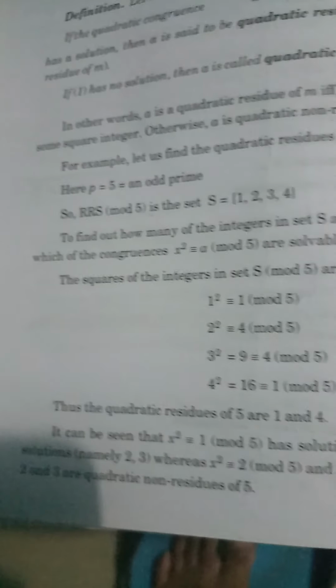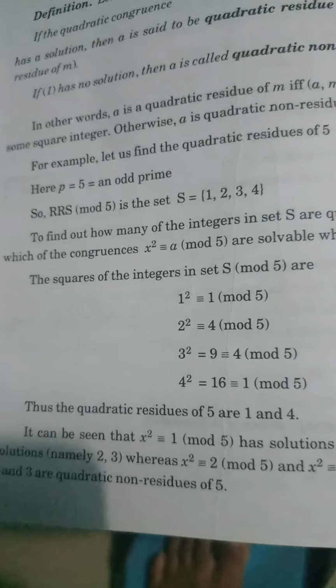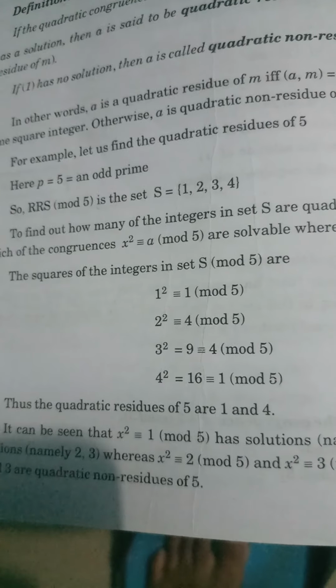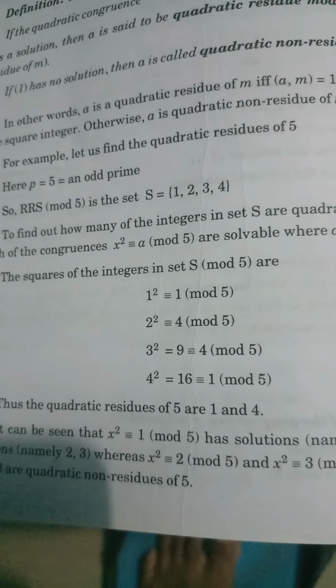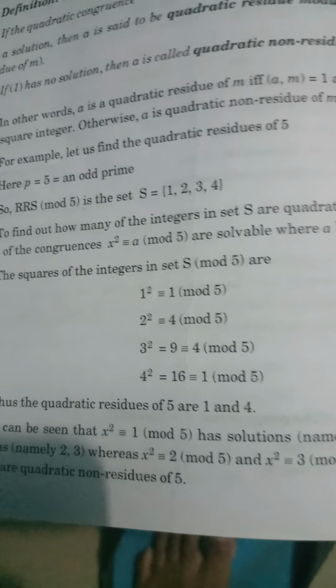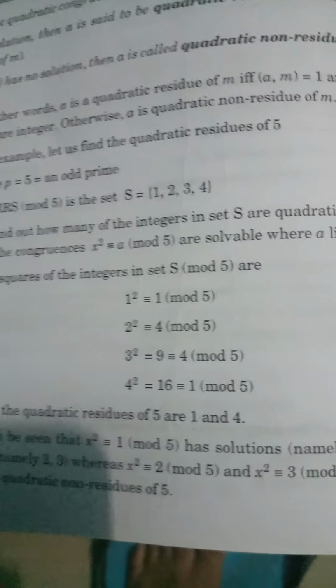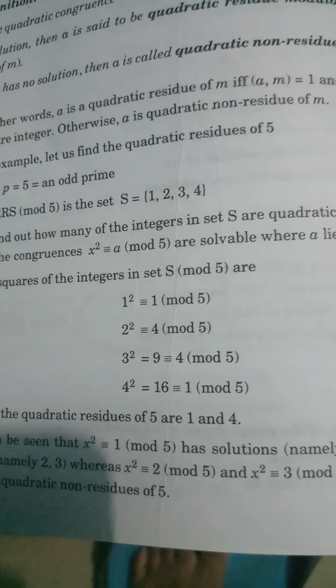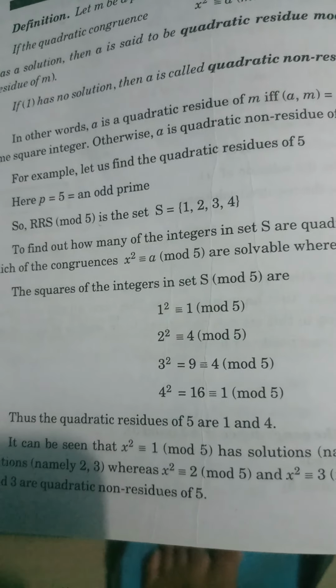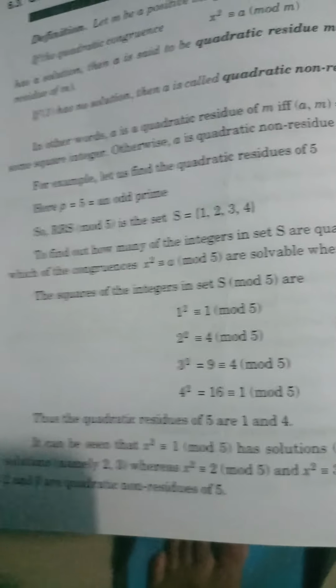Thus the quadratic residues of 5 are 1 and 4.